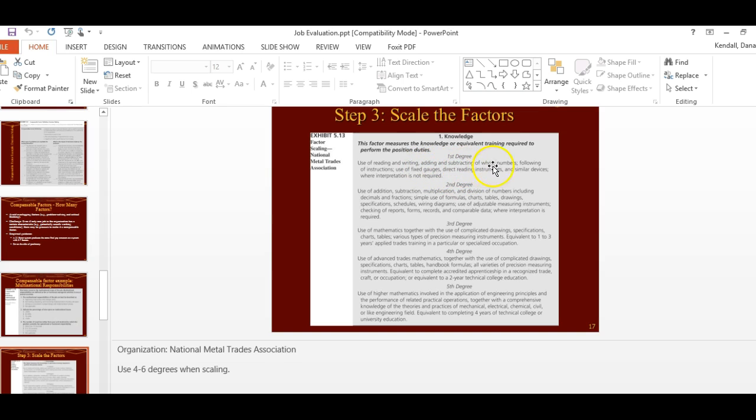We have some things that require knowledge, but we're going to scale all the way up. And there's a recommendation to use 4 to 6 degrees when scaling. This one uses 5. And I believe the organization used in this example is the National Metal Trades Association, just so you know that's what they're talking about in the different categories here.